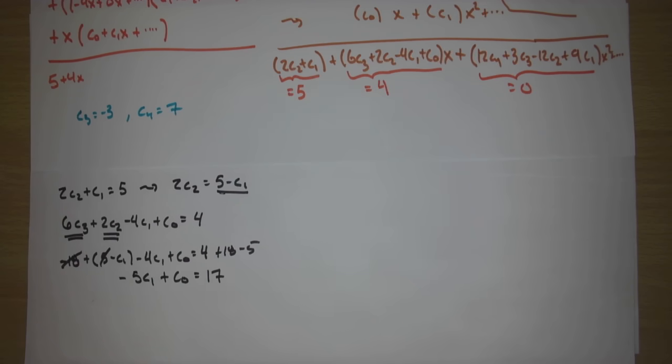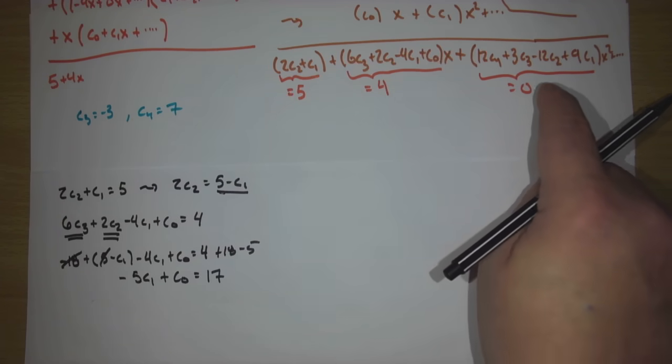So that tells us that we now have something about c0 and c1. It's not completely arbitrary. Is it enough to get the answer? No. But we haven't gone all the way. We have more.